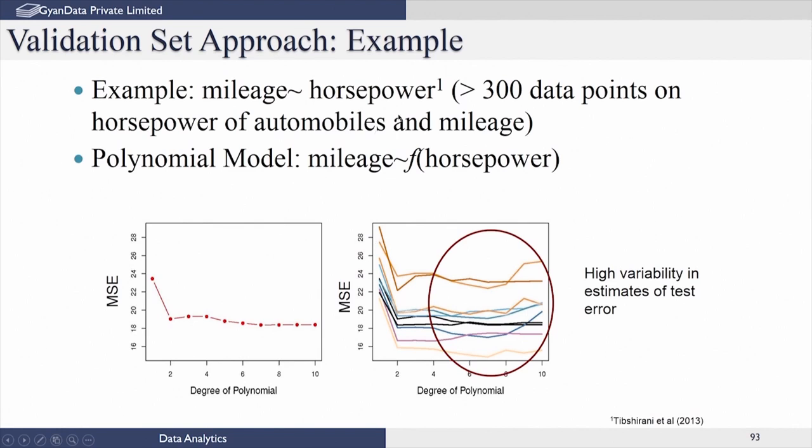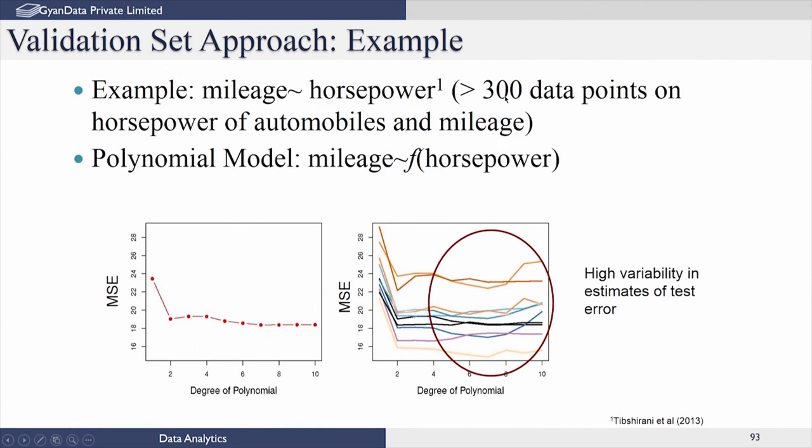So, here is a case example of mileage of some automobiles and the horsepower of the engine. Essentially, this particular data set contains 300 data points. Actually this is sufficiently large, but we are going to assume this is not large enough, and we will use the validation and cross validation approach on this data set.